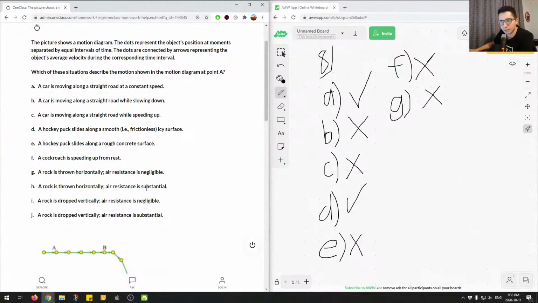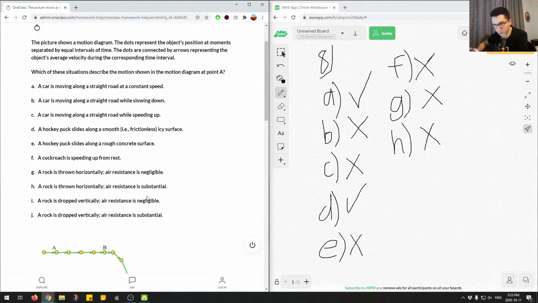Same idea, adding air resistance here just says that there's also deceleration in the x direction and y direction because of air resistance now. So both are incorrect here. So H also does not have constant speed. So I, a rock is dropped vertically, air resistance is negligible. And then J, a rock is dropped vertically, air resistance is substantial.